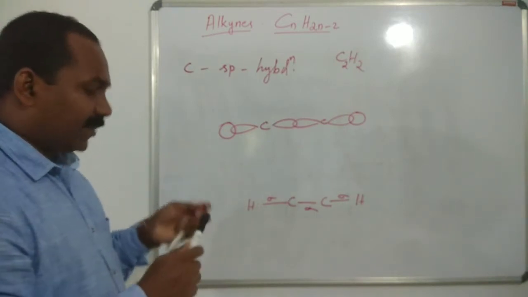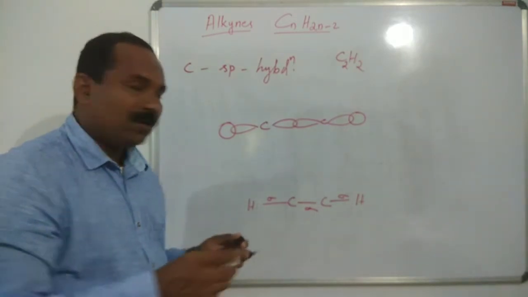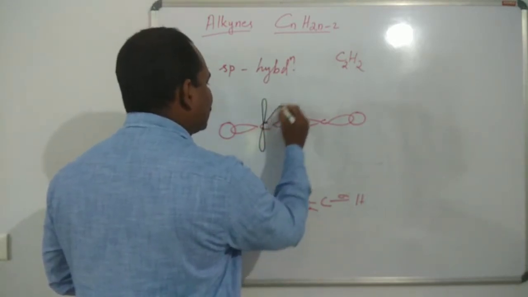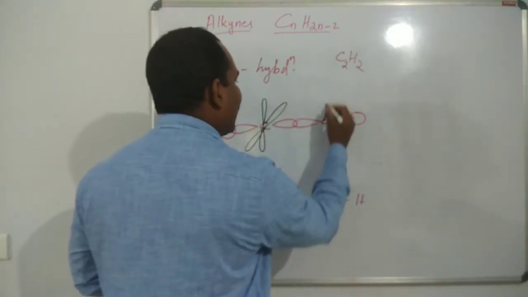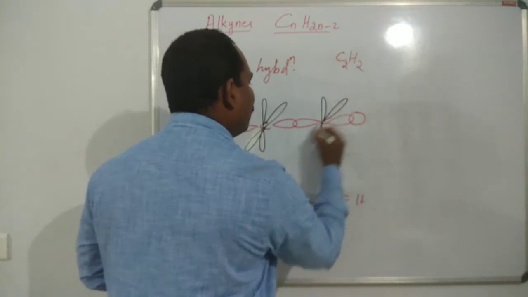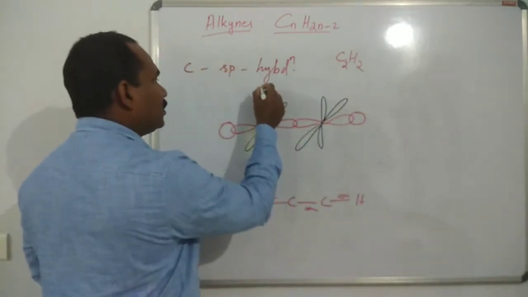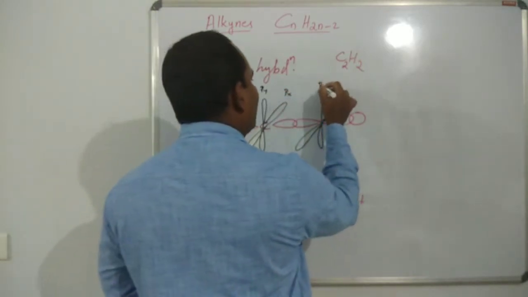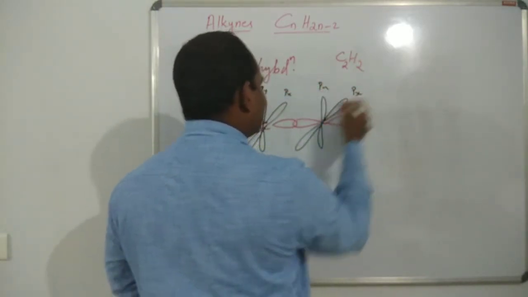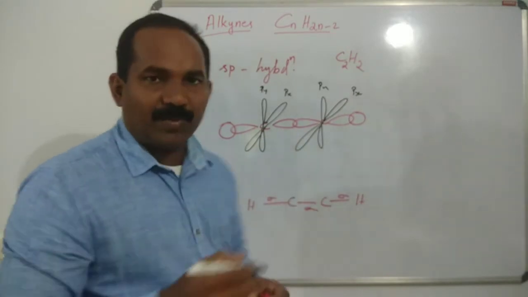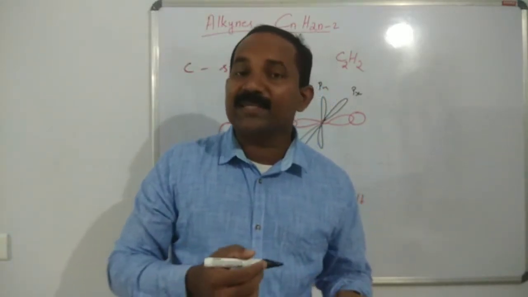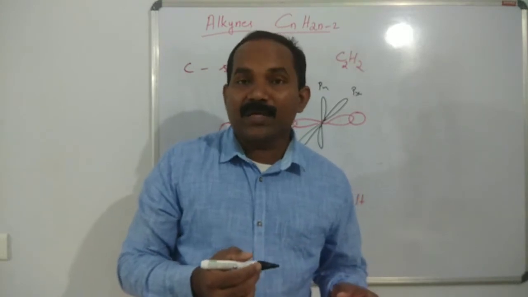And in sp hybridization, two unhybridized p orbitals are there, py and px. Usually the z orbital undergoes hybridization because the z axis is the internuclear axis.